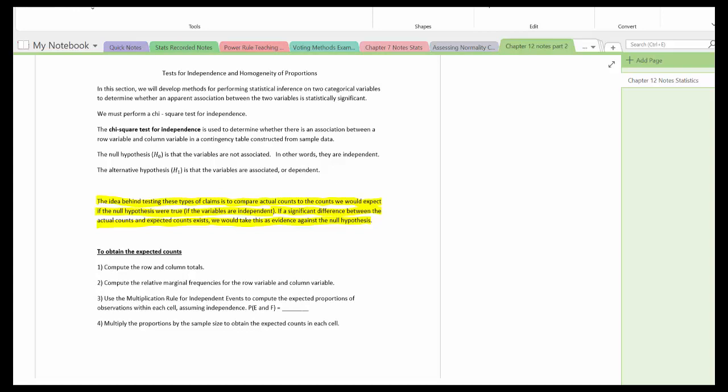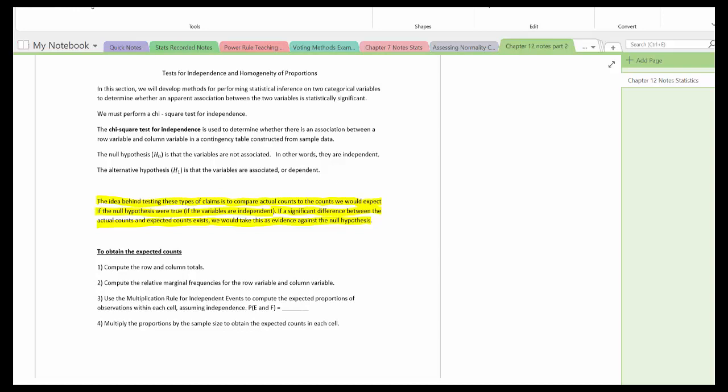This chi-squared test for independence is used to determine if there's an association between a row variable and a column variable in a contingency table constructed from sample data. The null hypothesis is that the variables are not associated, or in other words, they are independent of each other. The alternative hypothesis says that the variables are associated or dependent.